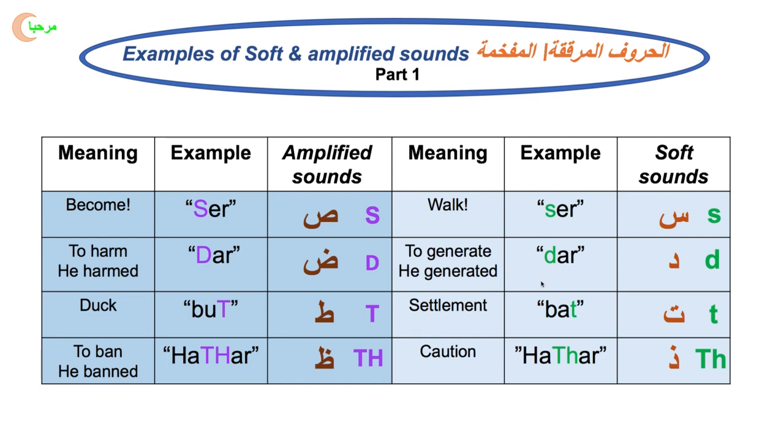However, the first one has dal and the second one has dod. The first one here means to generate, or he generated profit. That's dar. The second word here, dar, means to harm, or he harmed.